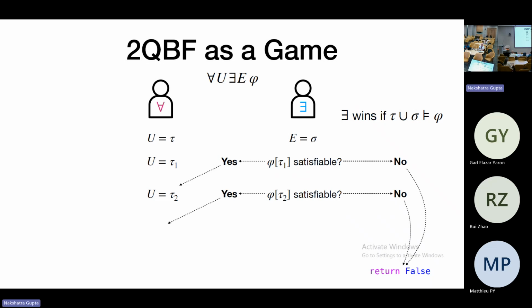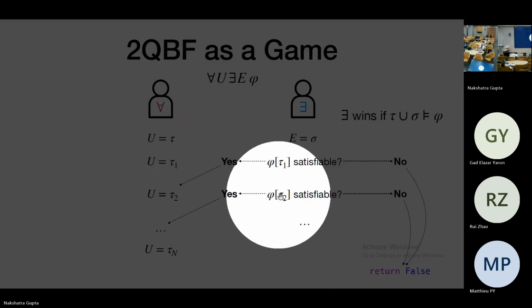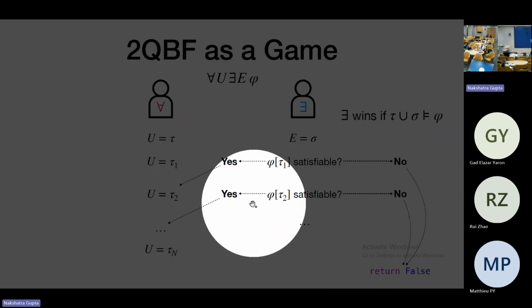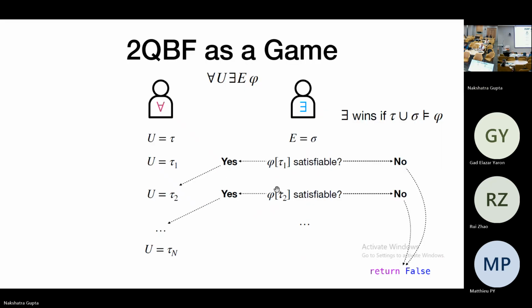Okay, so if we're lucky, and in particular, if the QBF is false, then there will be some assignment for the universal player where existential cannot respond, and where this propositional formula will be unsatisfiable. And if we're lucky, we can just find that assignment and terminate, answering that the QBF is false.